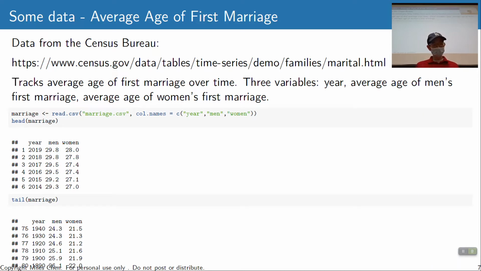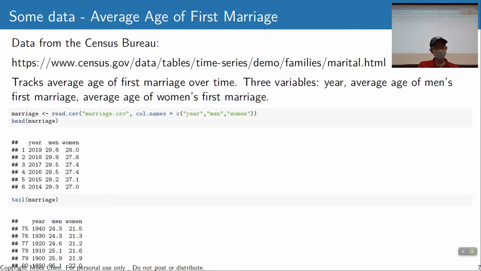And it doesn't necessarily have to be that this man married this woman. It could have been a same-sex marriage. These were just the people who got married for the first time this year, and what was their average age?